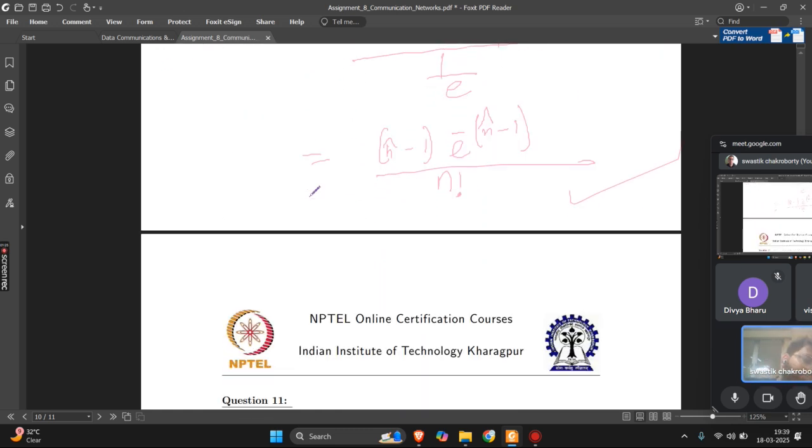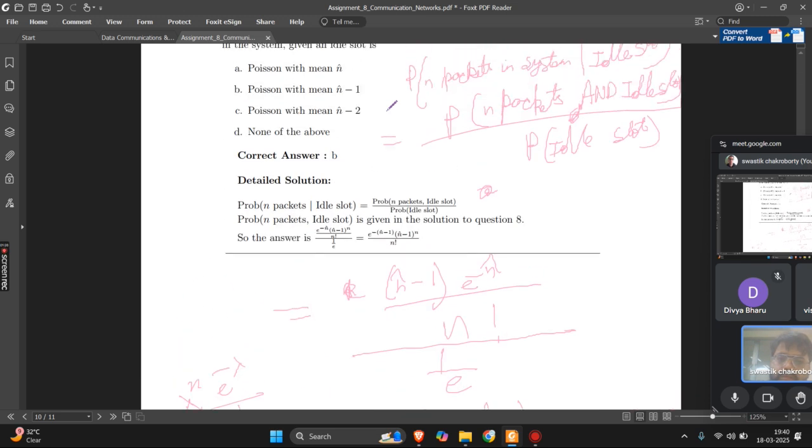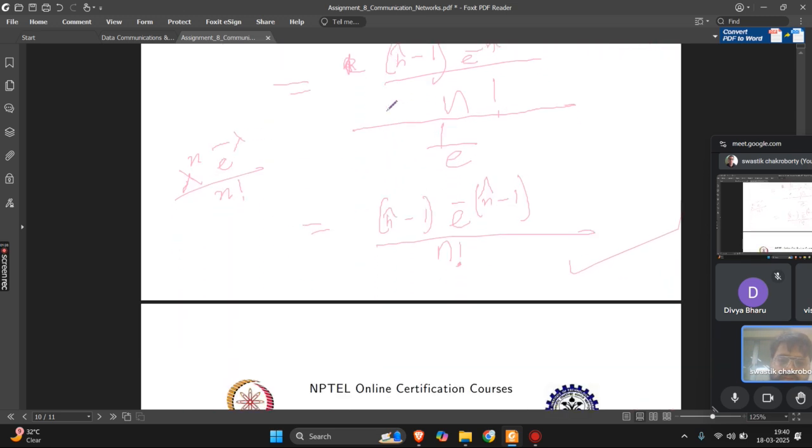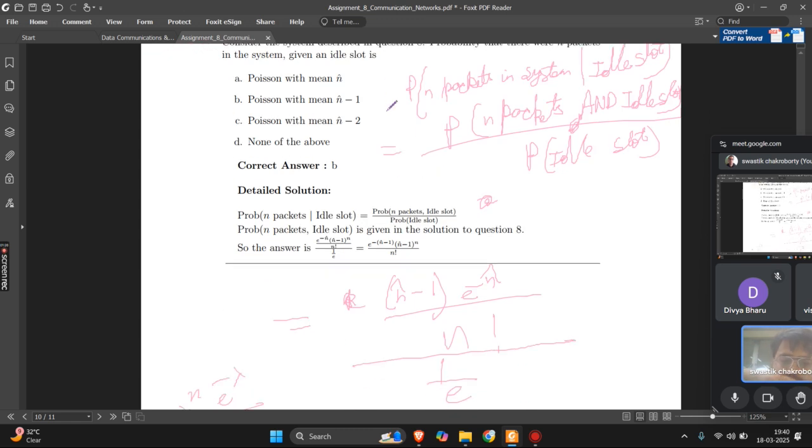So what is Poisson? Poisson is lambda to the power x, e to the power minus lambda, by x factorial. Well, actually there will be no n minus 1 factorial.